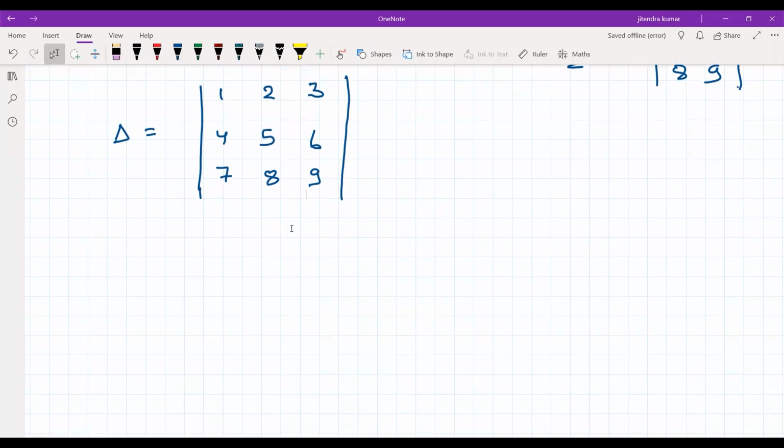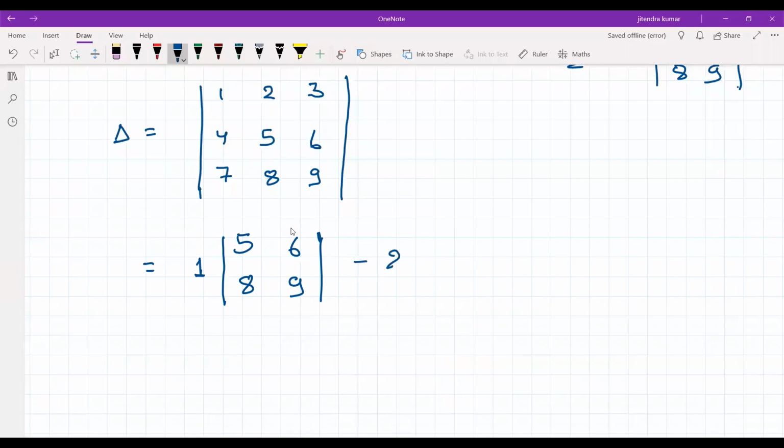If we expand it in the general way, as we have been expanding before, this will be equal to 1 multiplied by a small determinant, and I'm just writing the determinant rather than the expanded form.